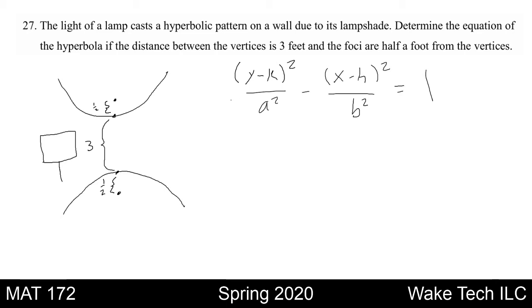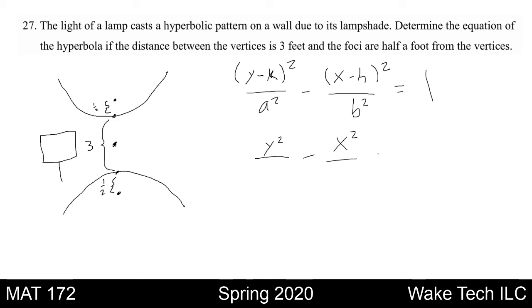All right. Now, h and k are the x and y values of the center. Now the center can be placed wherever we want, so I'm just going to place it right at the origin, and that is, it's going to be placed at 0, 0. That means our new equation is y squared over a squared minus x squared over b squared.